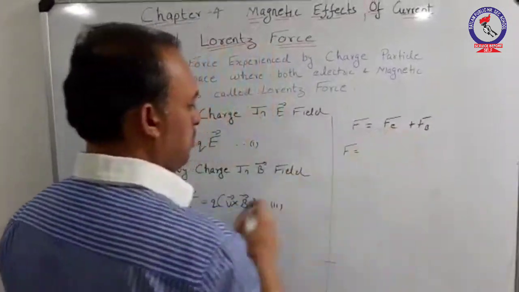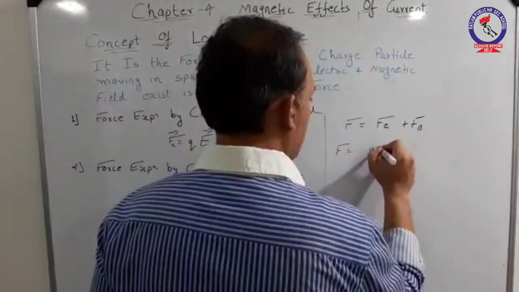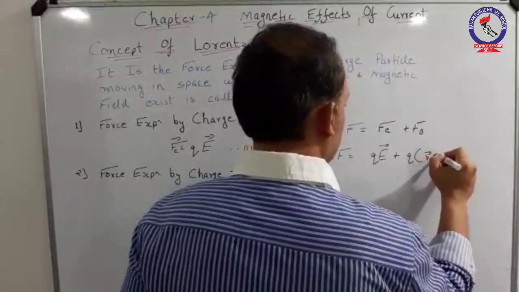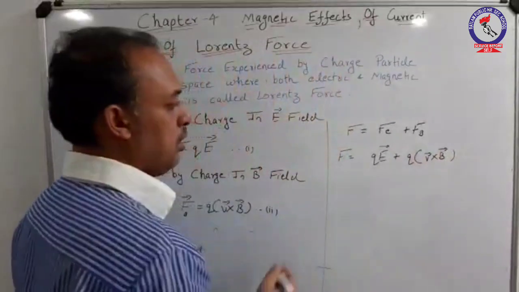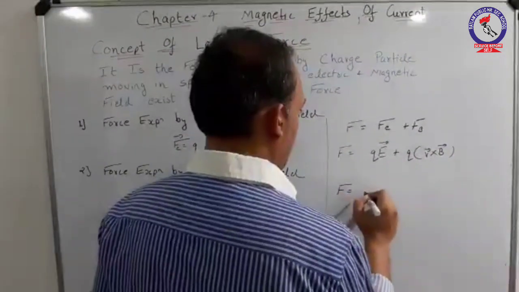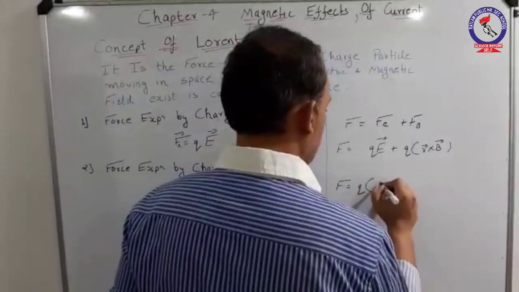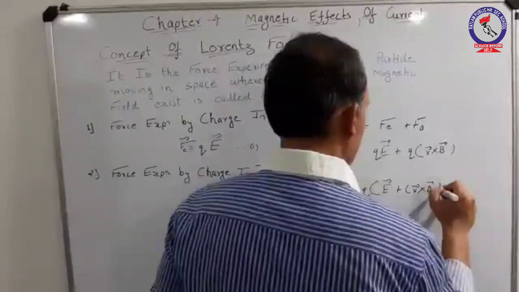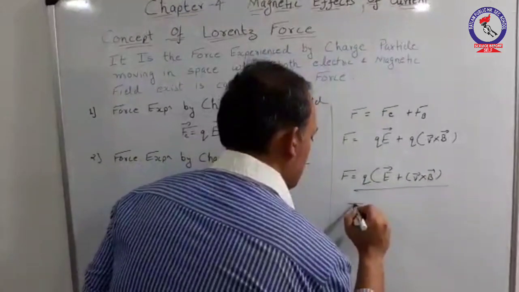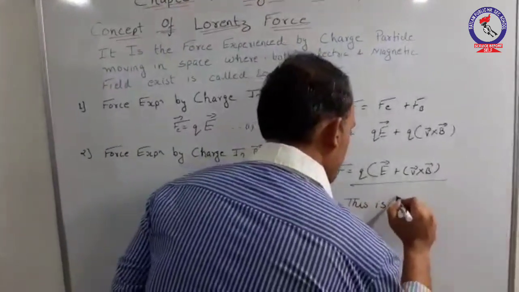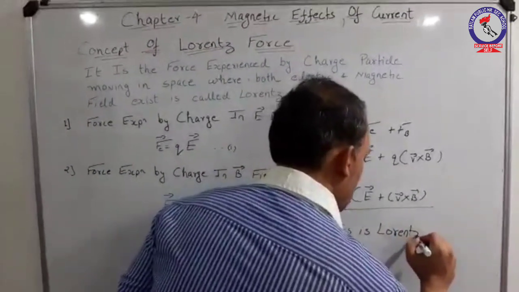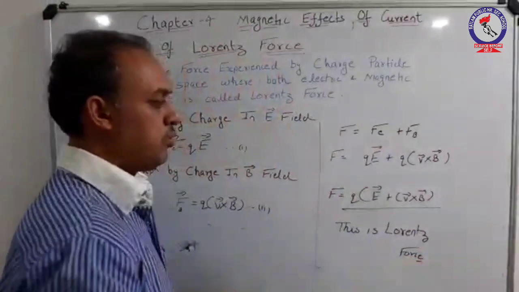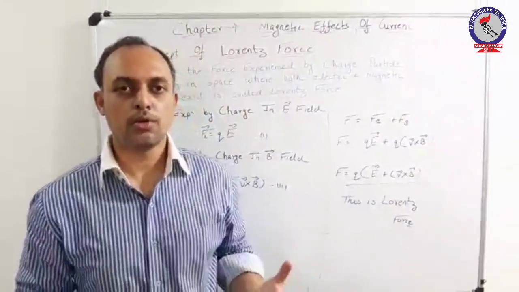Simplifying the expression by substituting the values, F equals QE plus Q V cross B. Simplifying the expression, F equals to Q times E plus V cross B. This expression is known as the expression of Lorentz force.